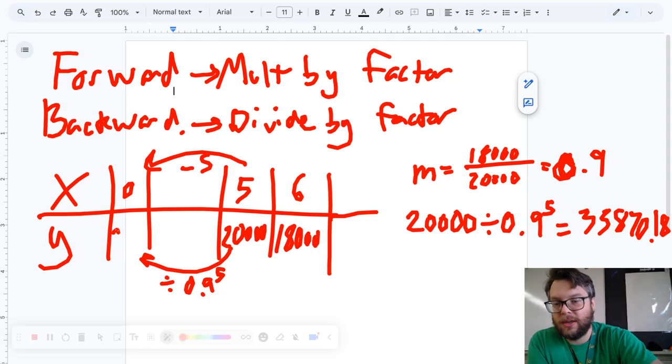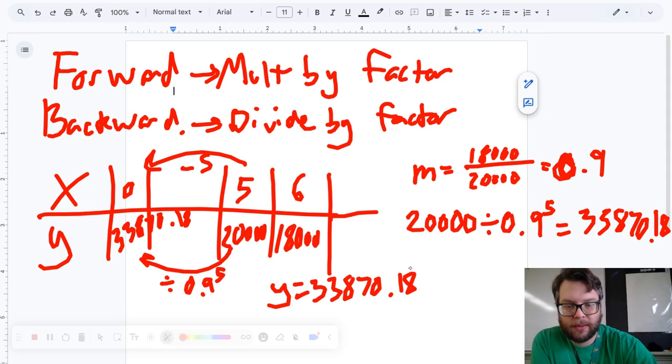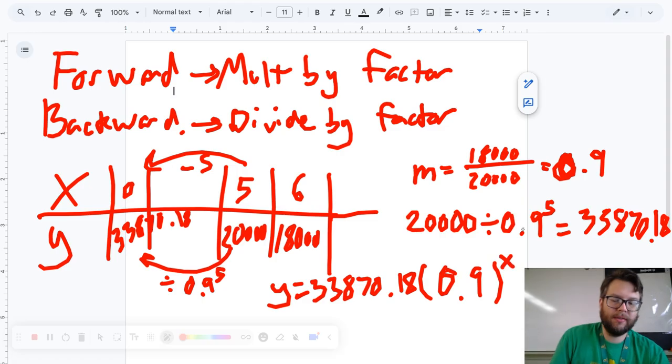And that gives us our initial value, 33870.18. And using that, now I can write my full equation that lets me predict the value of the car at any moment in time. There's the beginning amount, there's the amount it changes by, there's the power of x.